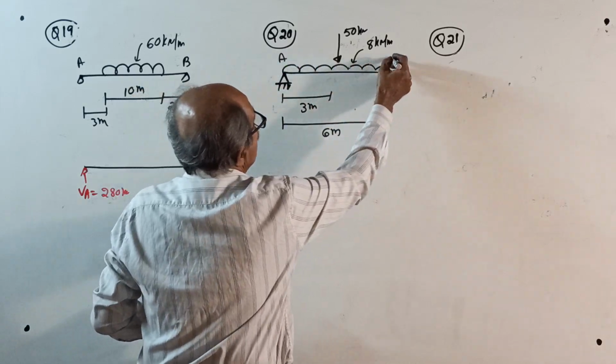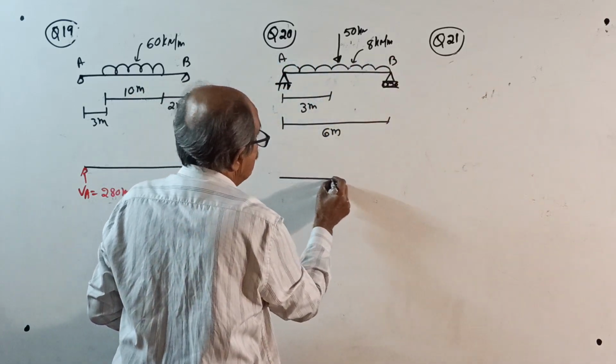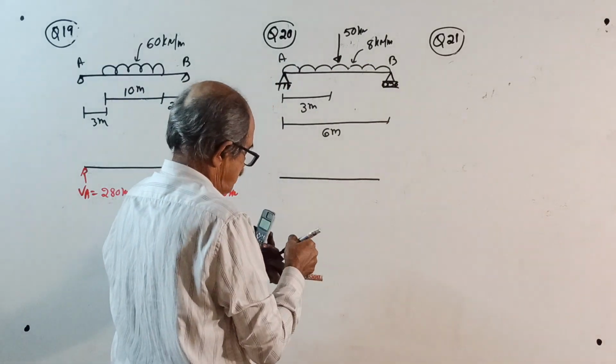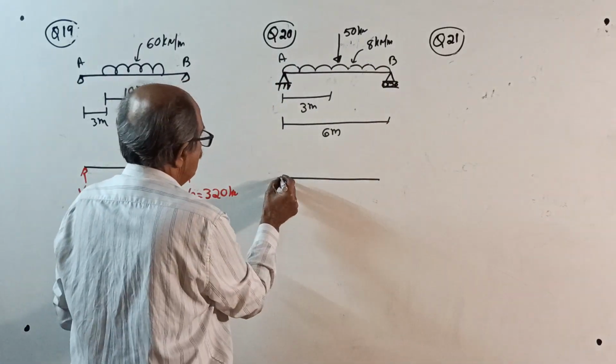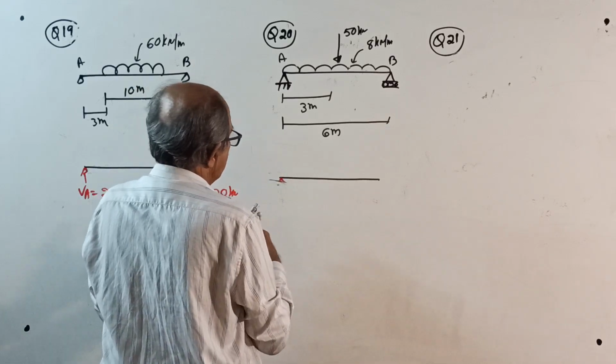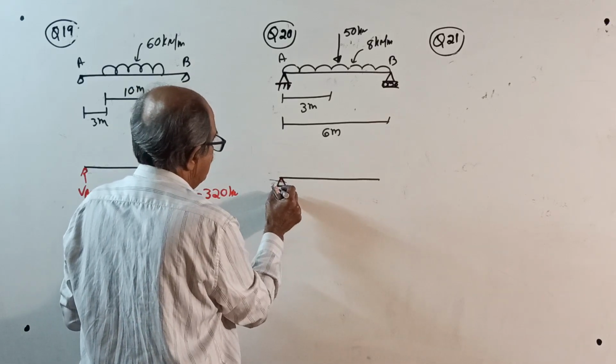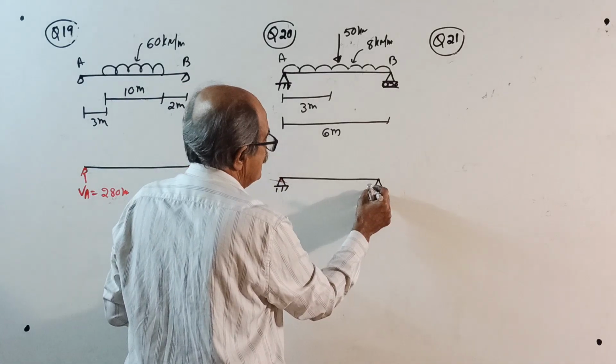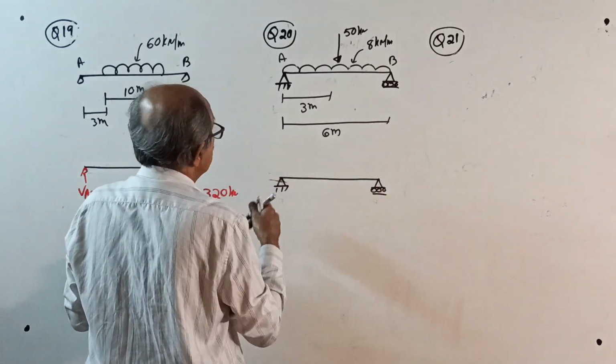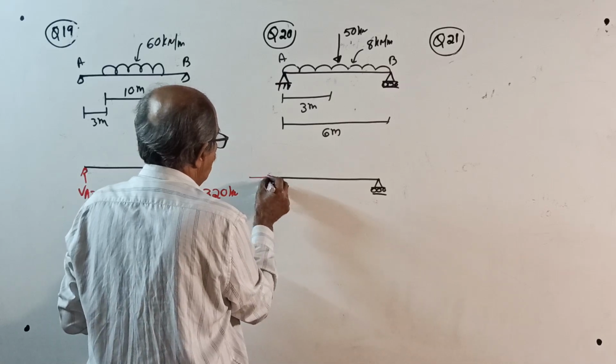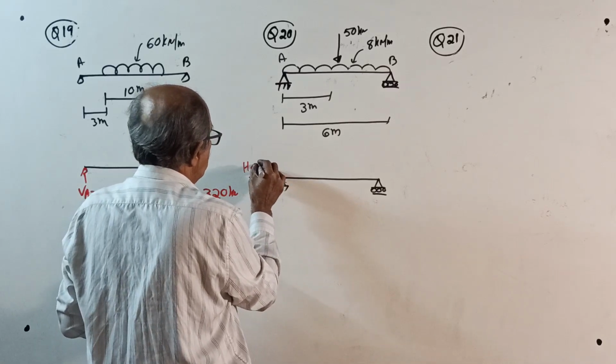AB. Answer. Hinge and, I should write hinge and roller. See, hinge and roller. If you remember this question, if you calculate horizontal reaction, it will be 0.